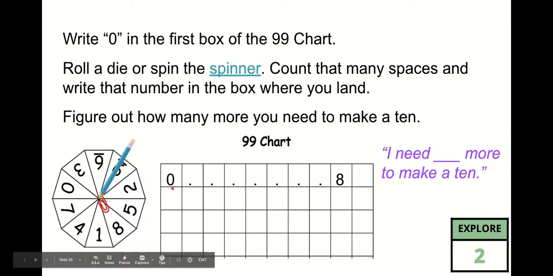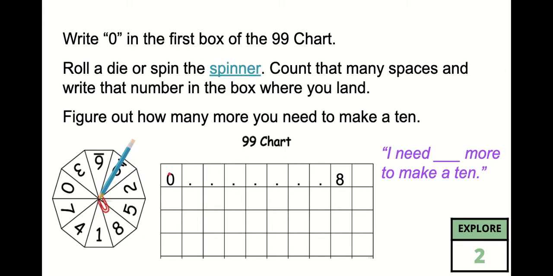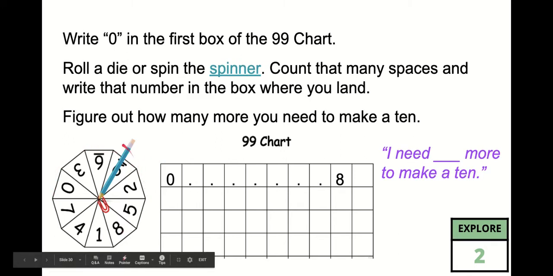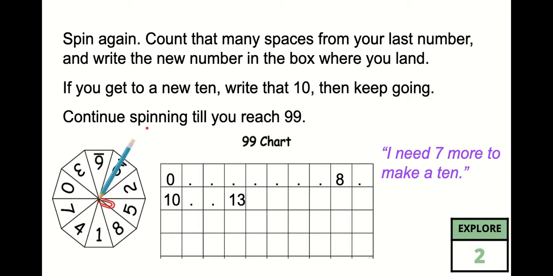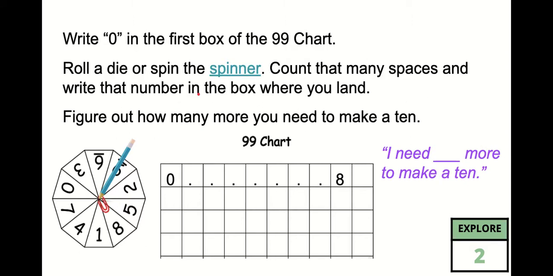So, the first box is going to have a 0. Then you're going to roll a die or spin the spinner. Some of you may have your paper spinner in your packet. And you'll just need the pencil and a paper clip to spin it. Or you can use the virtual spinner. I'll show you what that looks like.